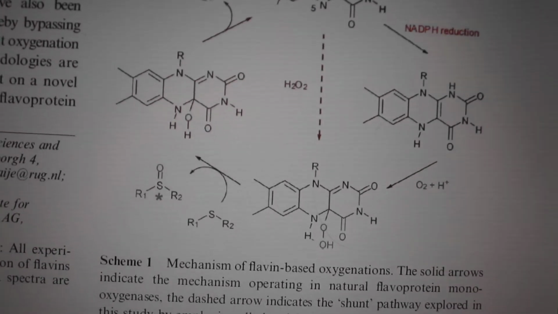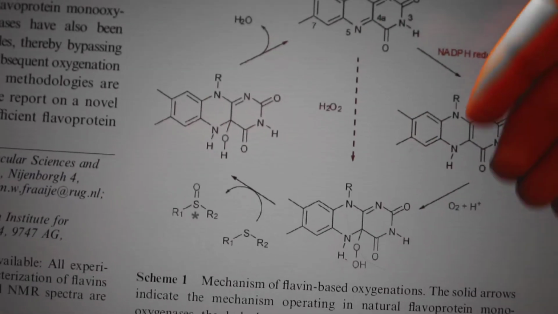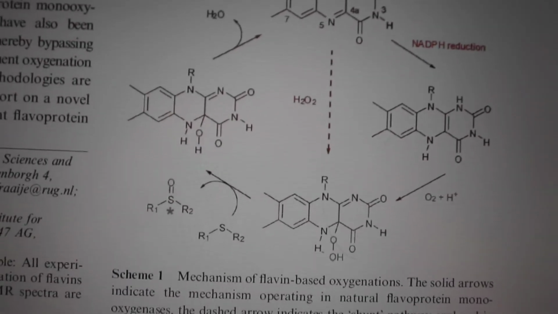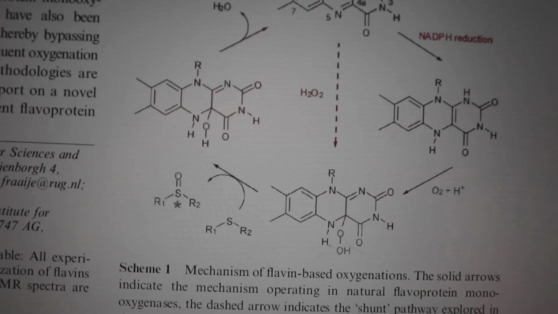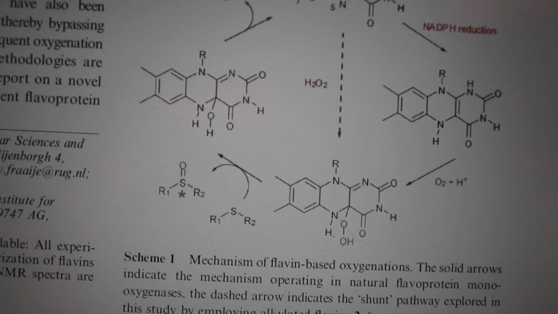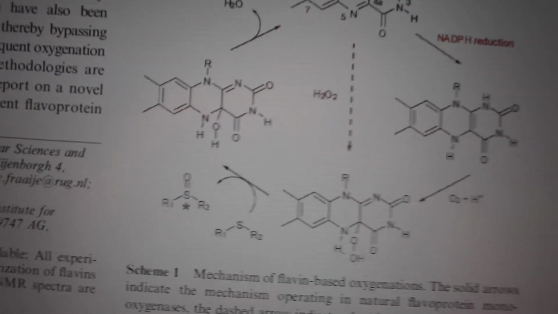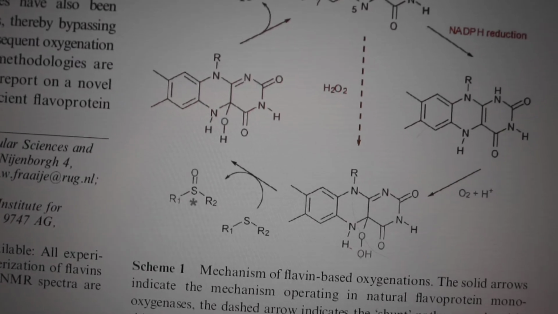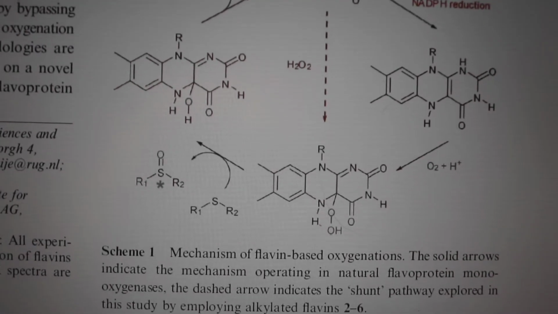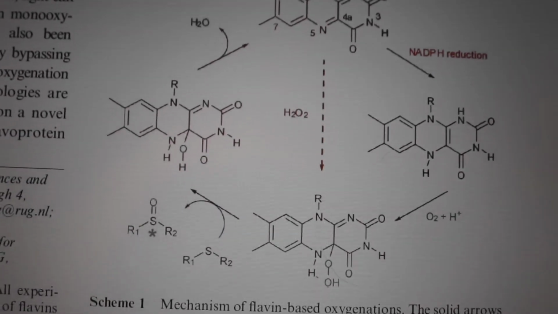And they came up with ways to get from this point to this point without conducting this, and they did that. They did this bypass by using different R groups, and these are the R groups, and essentially one R group would work better than another R group.